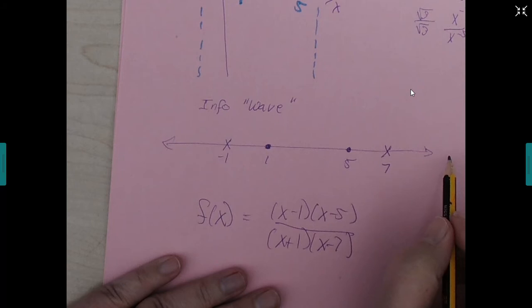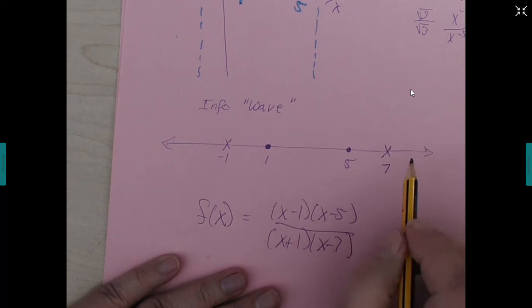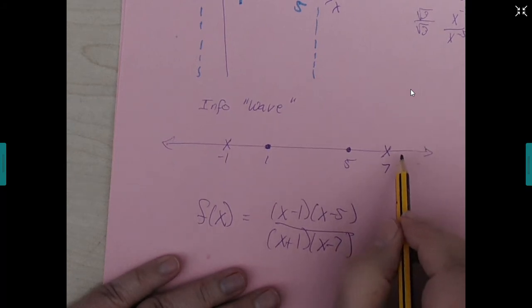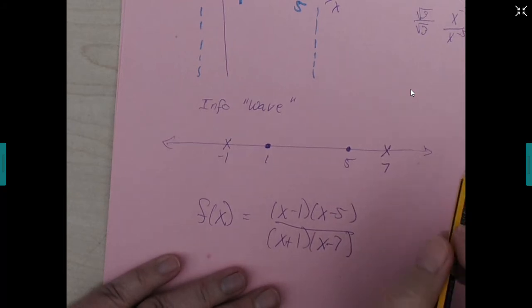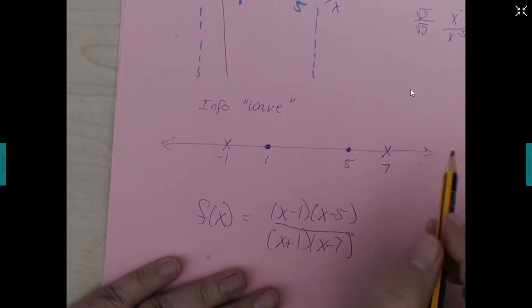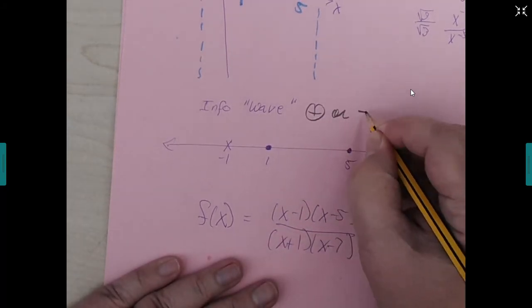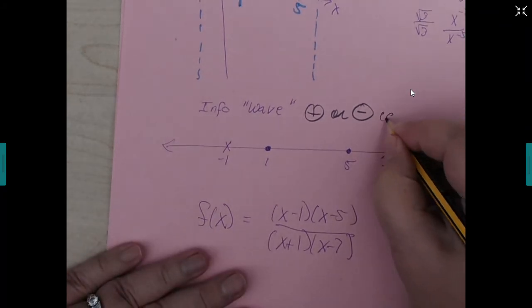I pick an easy number. Pick 10 if you want to. I don't care. Pick 8, pick 9, pick 10, pick 20. I just pick the easiest number I can think of. I'm going to pick 10. It won't matter. You can pick any number up here. You should get the same exact result. All I care is positive or negative. That's all I care about, for each section.